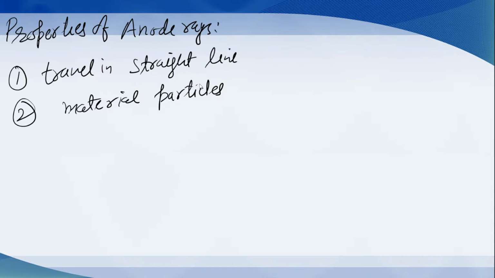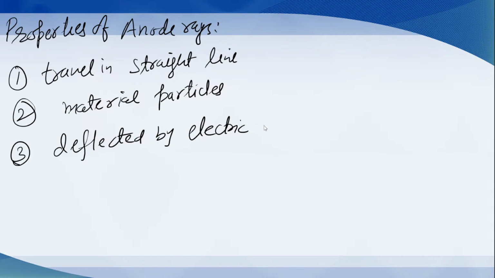In case of cathode rays they are electrons, in case of anode rays they are positively charged gas ions. Cathode rays are deflected by electric and magnetic fields, and anode rays are also deflected, but the deflection is as expected from a positive ion, meaning it is deflected towards the negative plate.